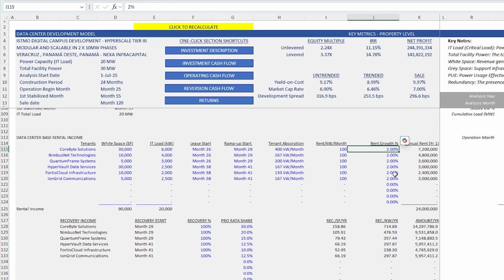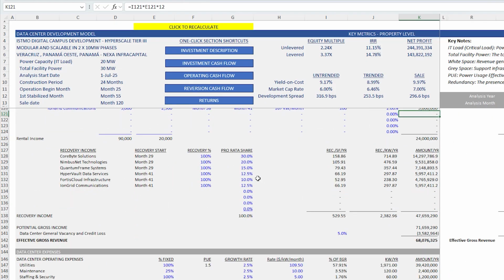There is a rent growth percentage that you can enter here. So by default, we have a placeholder value of 2. And once it is fully leased, then here is your annual rent before any growth for each of the tenants. And then you can also set a recovery percentage.